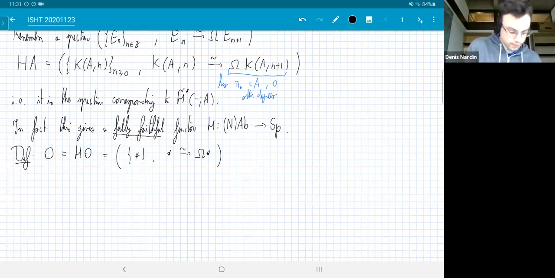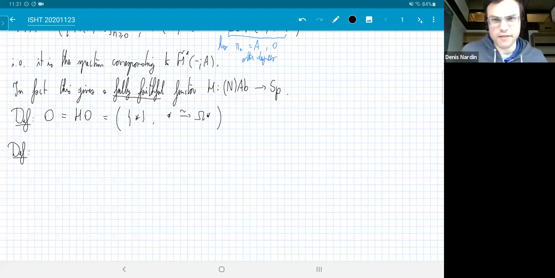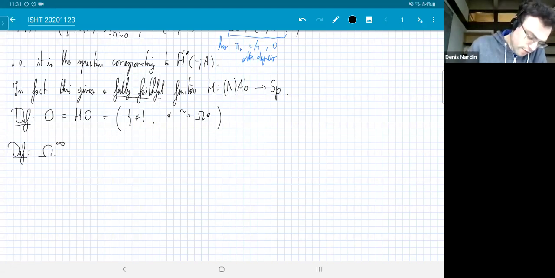Okay. Let me give you another definition, which I don't remember if I gave it last time or not. We have a functor omega infinity from spectra to pointed spaces.